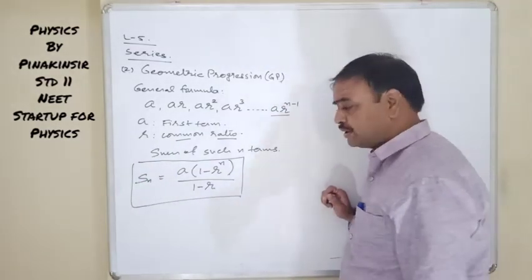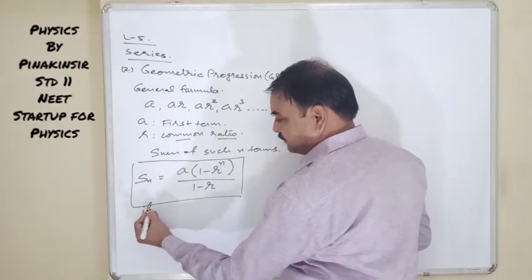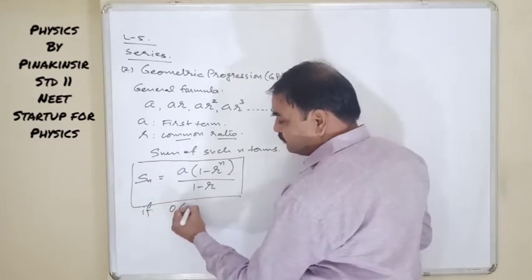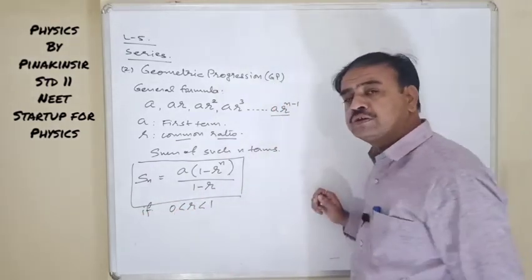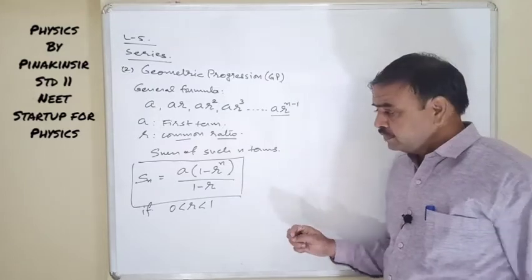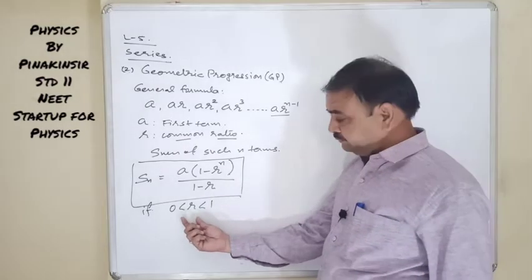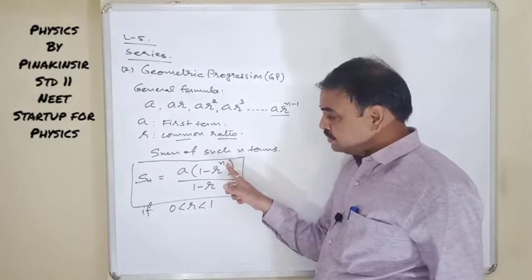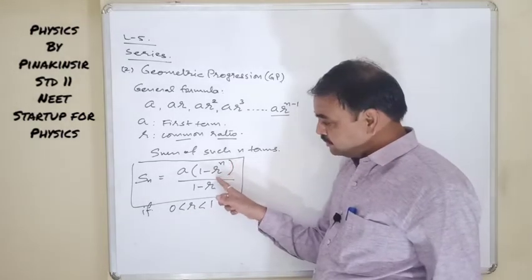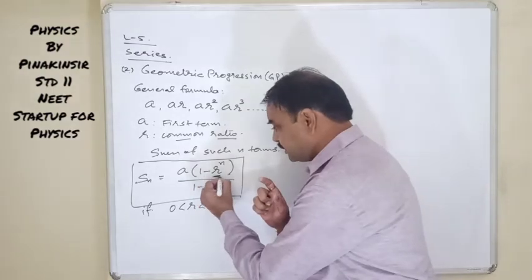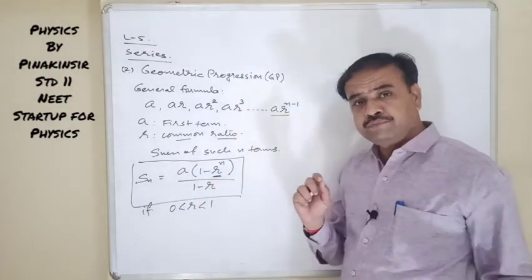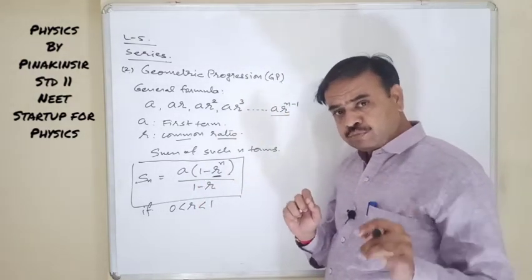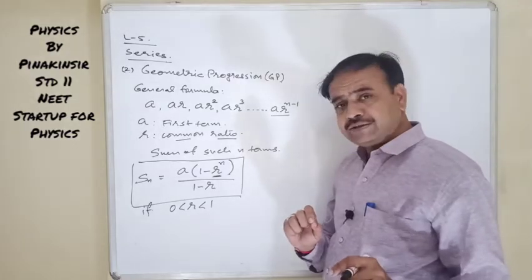one condition is there. If your r is between 0 and 1, that is less than 1, meaning it is a fraction less than 1, then see here, for a large number of terms, that particular term, that is the second term in the bracket, will be very small, and thereby you can neglect it.